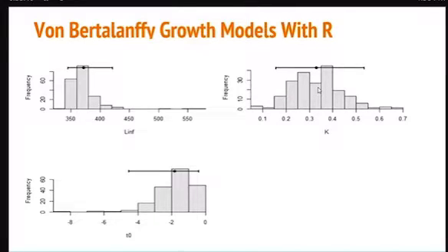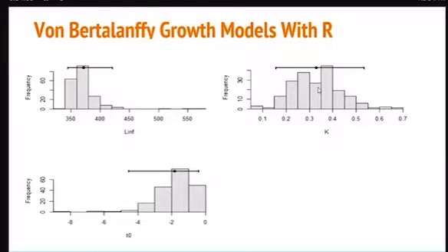Of course, we know the other ones are kind of skewed, whereas the distributions of L infinity and T0 are not normally distributed. As you can see, they are not. So the difference between the asymptotic and the bootstrap confidence intervals is much greater for L infinity and T0 than for K.